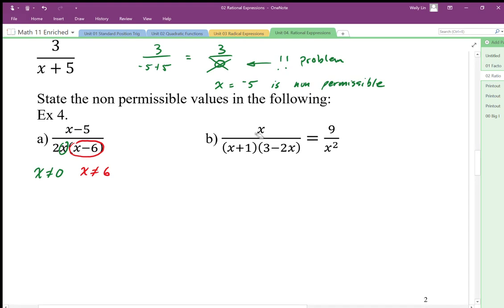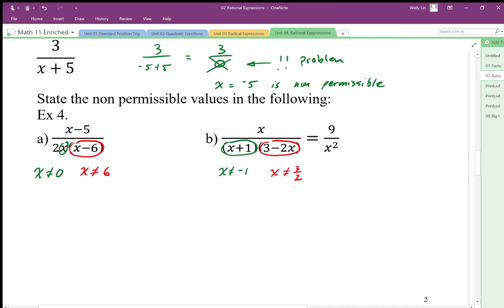In this equation, okay, 0 in the numerator is okay, zeros in the denominator are not okay. So if I look at x plus 1, okay, well, if x is equal to -1, we end up dividing by 0, so we can't let that happen. Here, if x is equal to 1.5 or 3 over 2, okay, we're going to end up with 0 in the denominator again, and that is non-permissible.